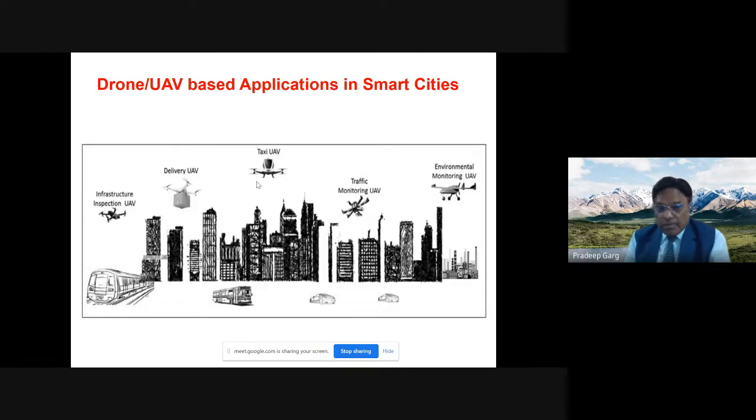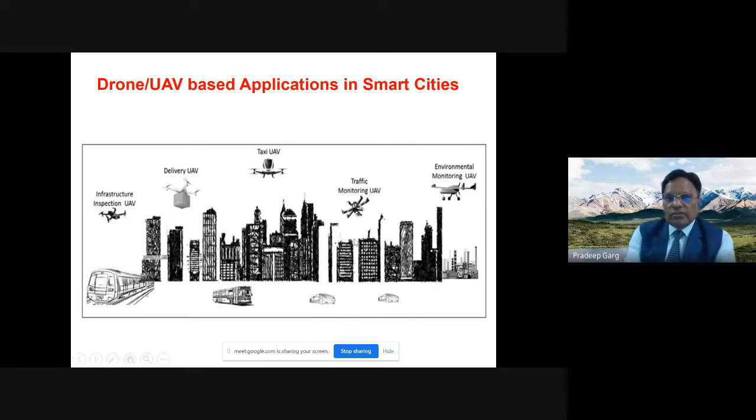This will come up in India very soon, because the roads are so congested, and sometimes you have to travel from one place to another in the shortest possible time. Whenever there is an emergency, or if you have to catch a flight and you are stranded in a traffic jam, then your heartbeat goes up. So these taxi UAVs will fly at a certain height and will take you very fast from one place to another.